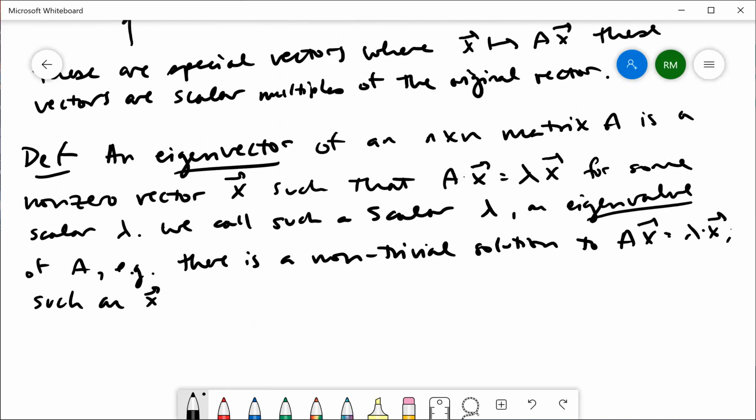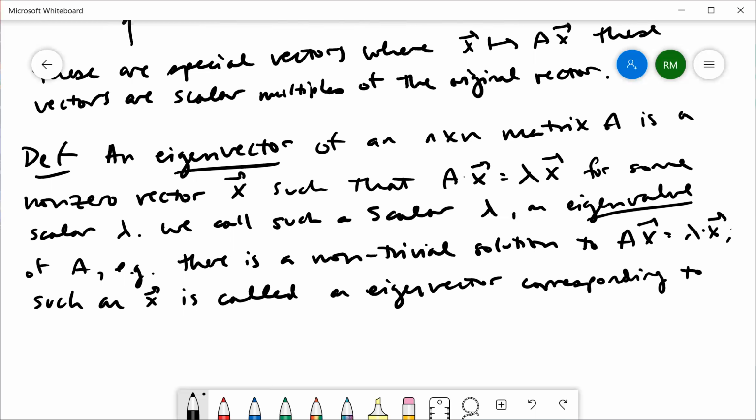Such an x is called an eigenvector corresponding to lambda.